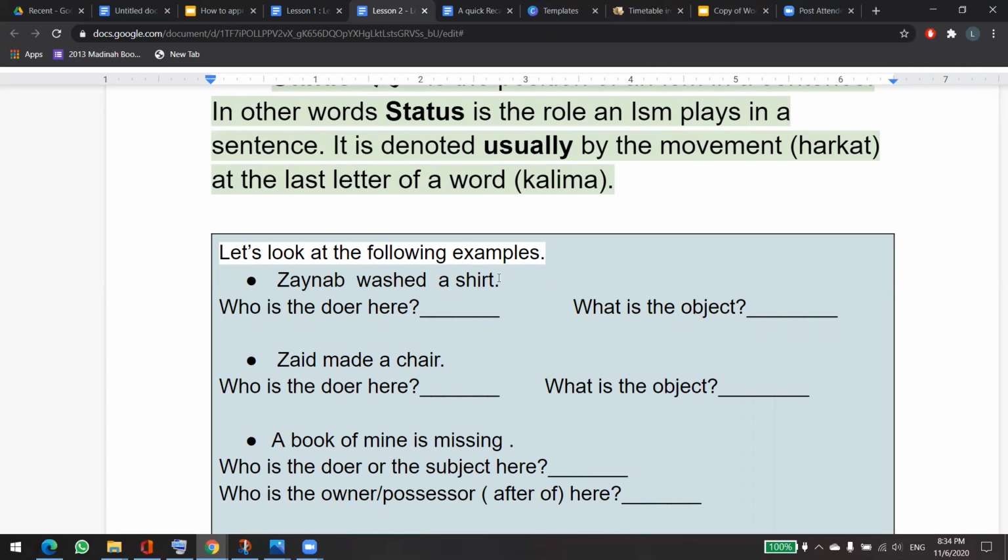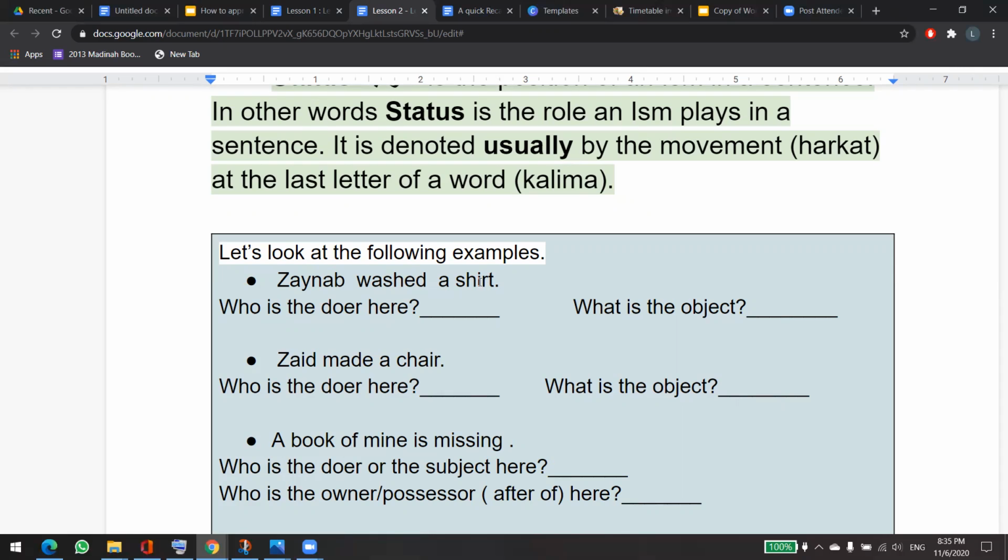Zainab washed a shirt. Zainab is the name of a person, so it's an ism. Washed is a fi'l, because it is action plus time in the past. A shirt is an ism, right? Who is the doer here? Zainab. So Zainab is an ism and she is a doer.